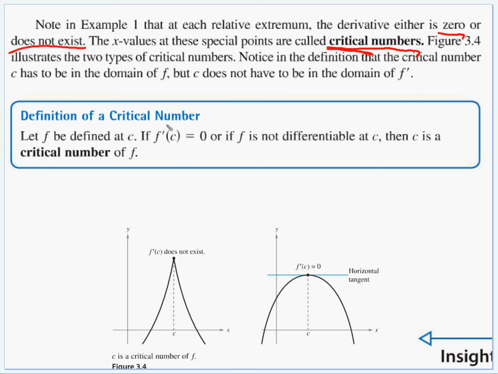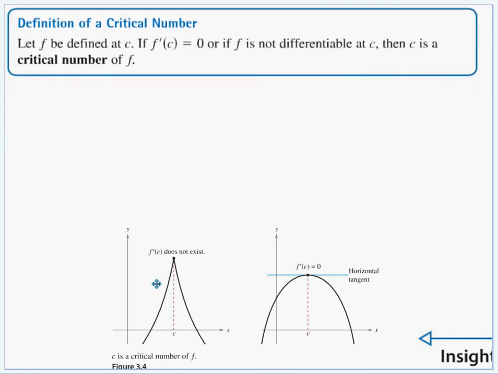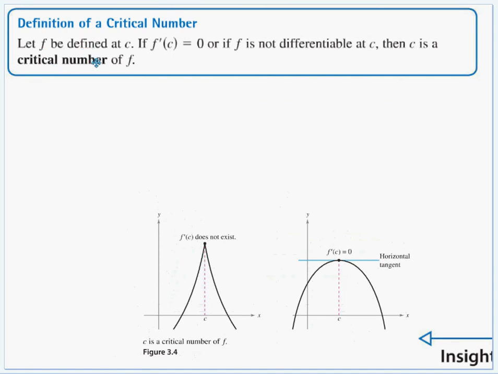Notice in the definition that the critical number c has to be in the domain of f, but c does not have to necessarily be in the domain of the derivative. So, the definition of a critical number: let f be defined at point c. If the derivative is equal to 0, or if f is non-differentiable at that point, then that point is a critical number.